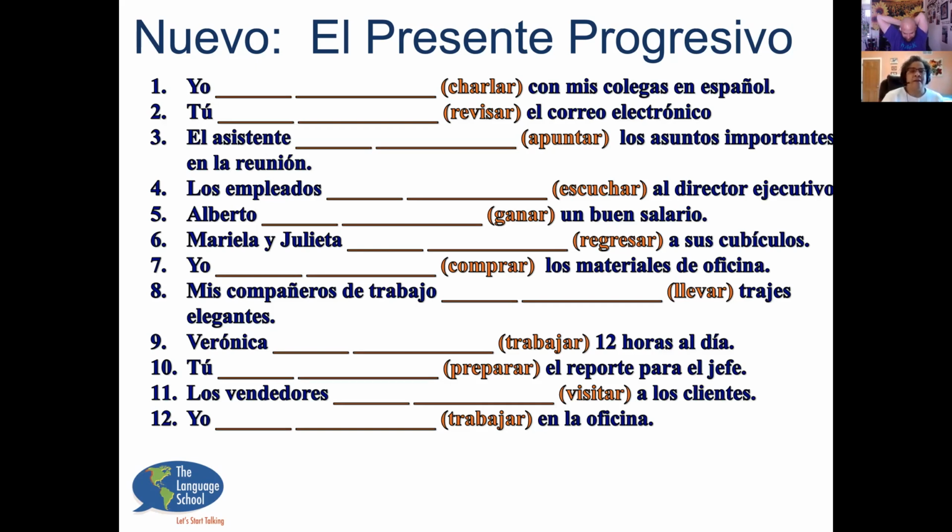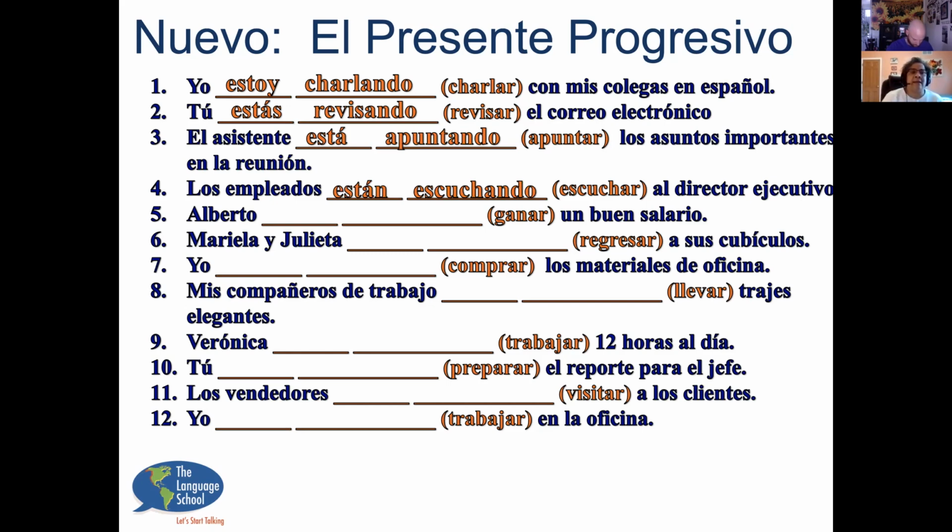Okay. So, yo estoy charlando con mis colegas en español. Muy bien. Tú estás revisando el correo electrónico. El asistente está apuntando los asuntos importantes en la reunión. Los empleados están escuchando al director ejecutivo.